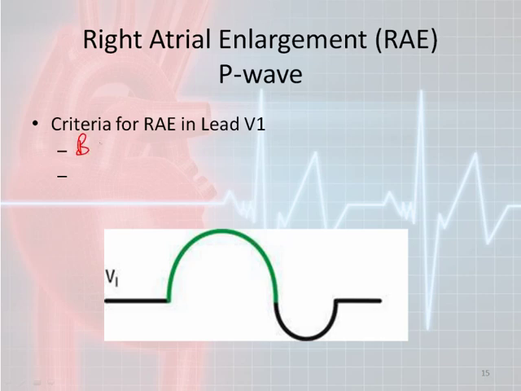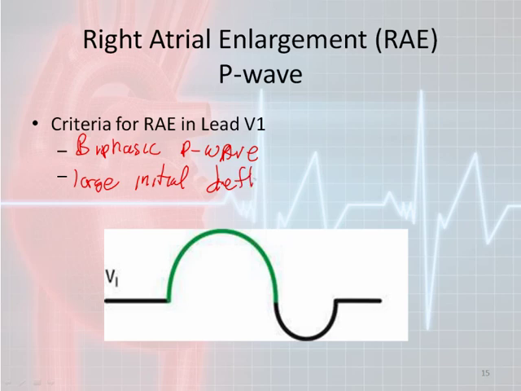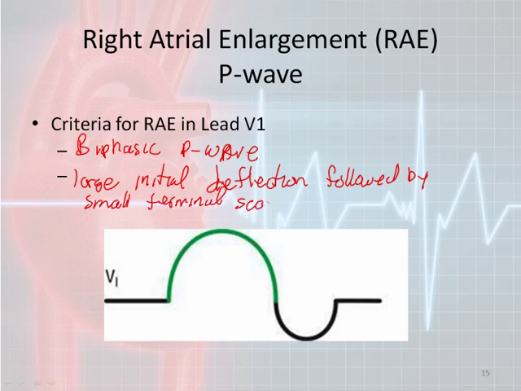Now, it's usually biphasic anyway, but in the biphasic P wave in V1, you're going to have a large initial deflection followed by a small terminal deflection, or scooping you can call it.